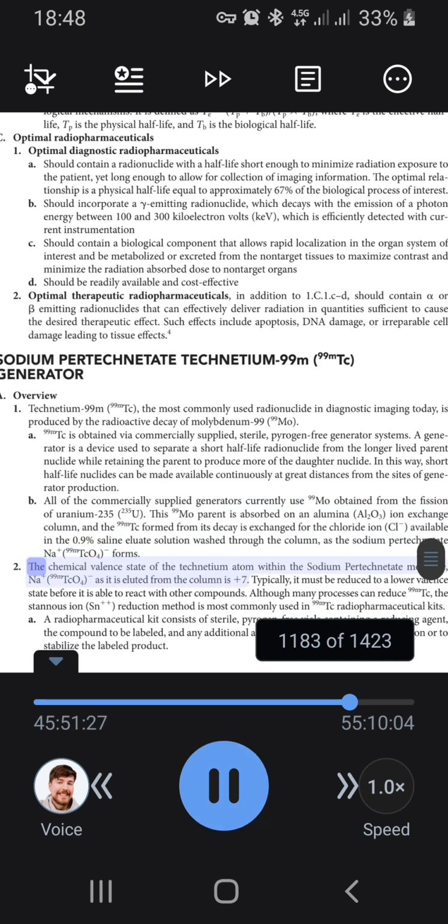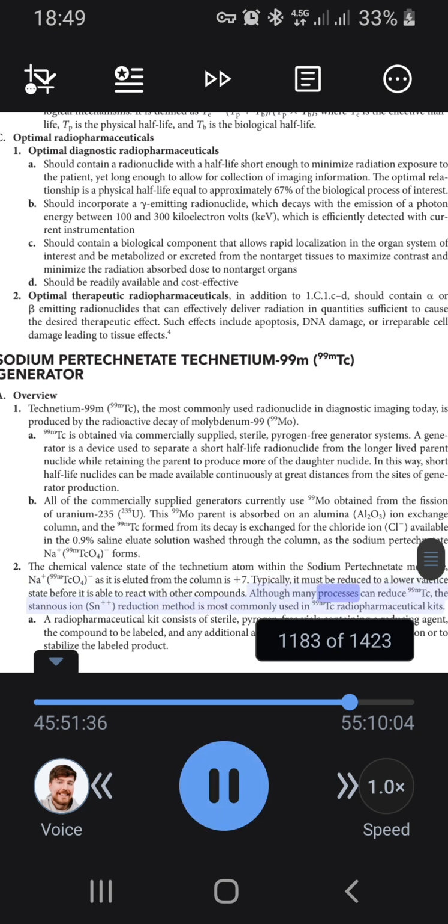2. The chemical valence state of the technetium atom within the sodium pertechnetate molecule, Na 99mTcO4, as it is eluted from the column, is +7. Typically, it must be reduced to a lower valence state before it is able to react with other compounds.